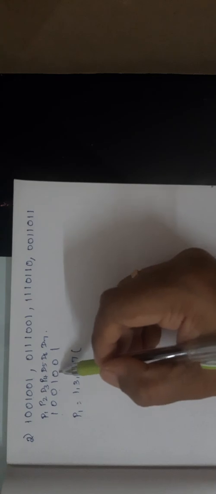For that, P1 it is 1357. You have an even number of ones, 2 ones, so that is even, so that is no error.